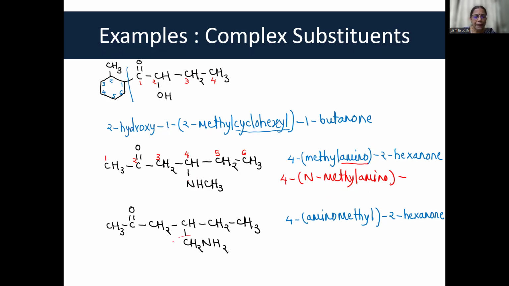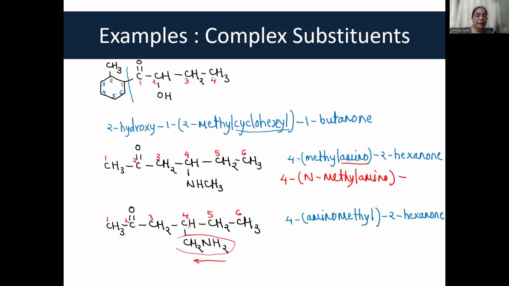Exactly same, only thing the substituent at 4 position is different. So how to name this? 1, 2, 3. Again, it is at 4 position. Now, what is the substituent? While naming the substituent, always go reverse way.